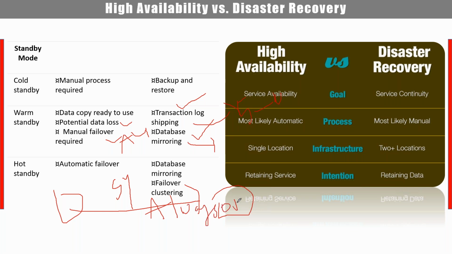Okay, Always On is the advanced level of all the high availability and disaster recovery techniques we used till SQL Server 2012. It is the latest version, sir. Always On availability group is the advanced level of all the high availability and disaster recovery techniques.